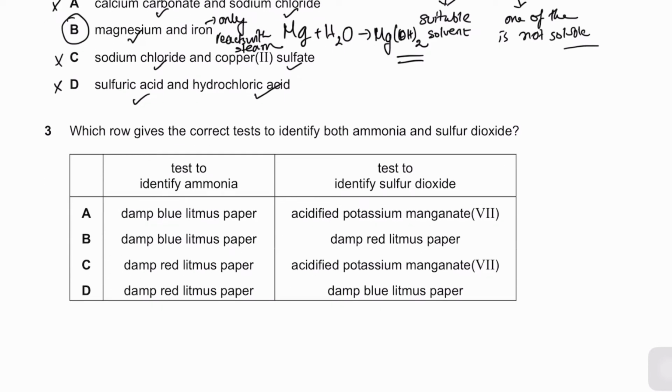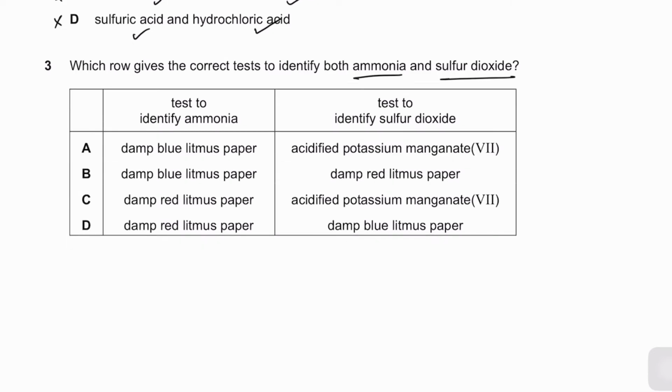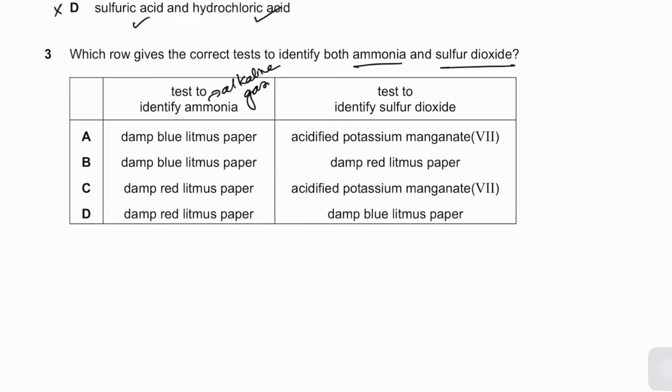Which row gives correct tests to identify both ammonia and sulfur dioxide? So for identification of ammonia, it is an alkaline gas, meaning it will turn damp red litmus paper blue. So option A and option B will be cancelled. Test to identify sulfur dioxide: this is a reducing agent, so it will be the test with potassium permanganate.